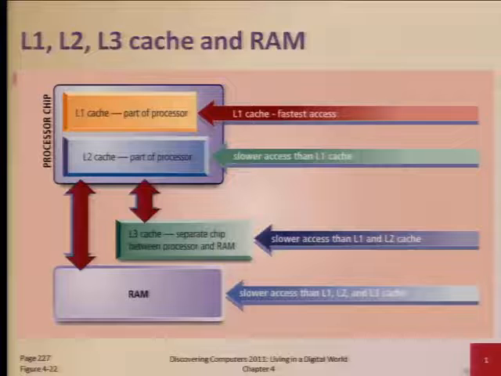You have an additional module or chip built into the motherboard. And of course, next will be the RAM. If you cannot find it in L1, look in L2. Cannot find in L2, look in L3 if there's L3. If not, then you have to go down to the actual DRAM, the main memory area, to look for the data. So in terms of access time, this is also the order to look in.